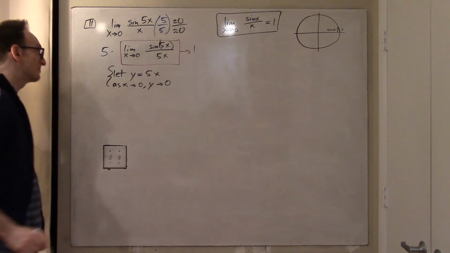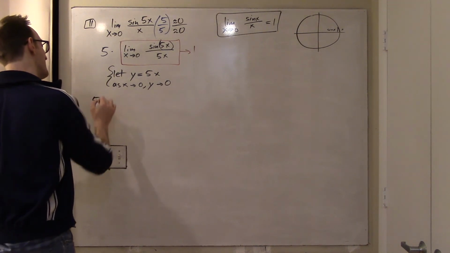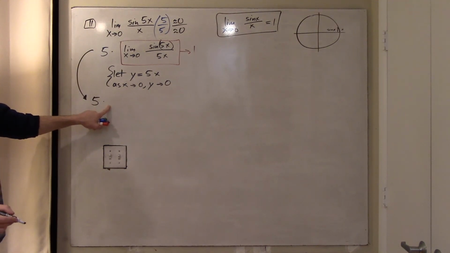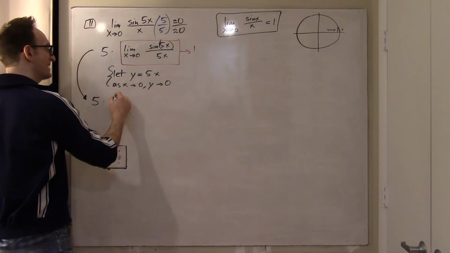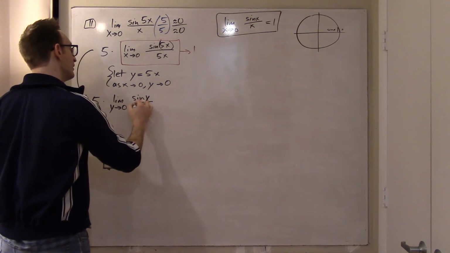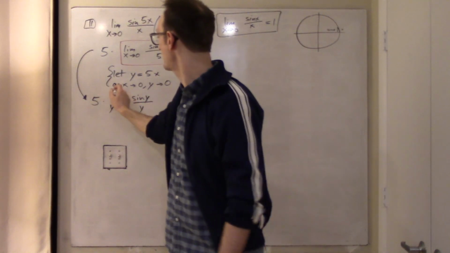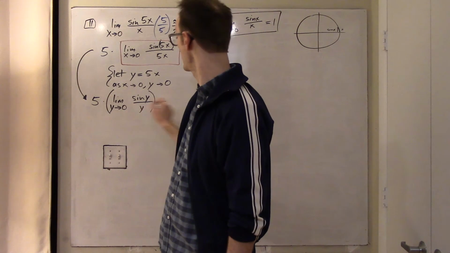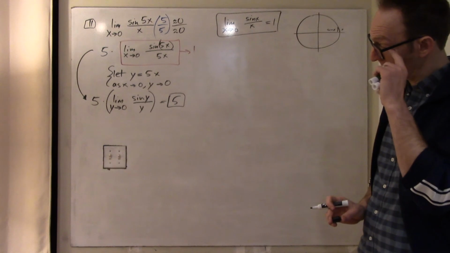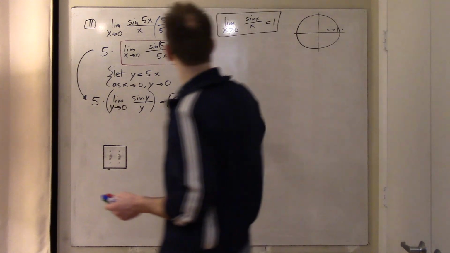And so we may rewrite this problem as 5 times the limit as y goes to 0 of sine y over y, which is certainly 1, and that's what shows that the answer to this problem is 5. You can either do that variable substitution, or you can just think about doing it. All right, I think that's a pretty good explanation.